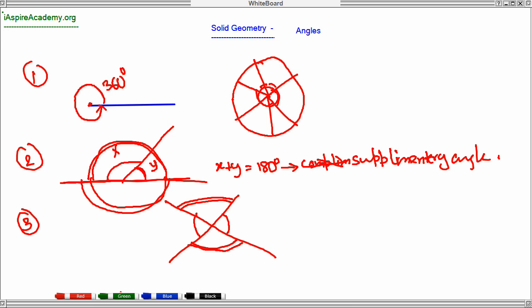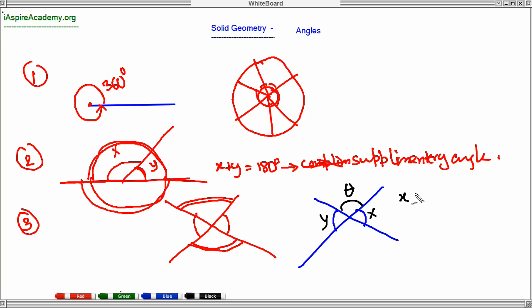So let me choose a different color. If you take two lines and you see these two angles, and you say this is x, this is y, and let's say this is theta.